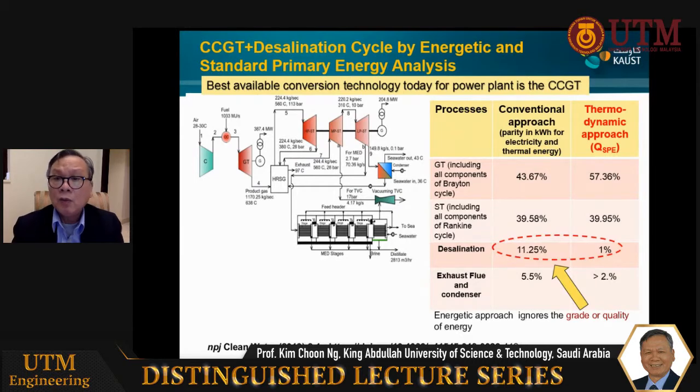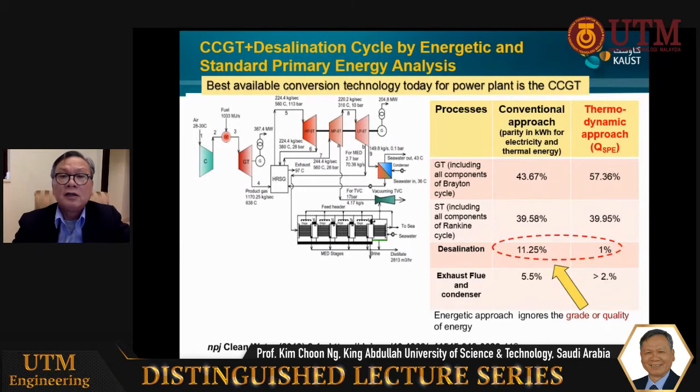But with the thermodynamic approach, where we use a common platform for the energy drawing at the adiabatic flame temperature, the exergy destruction is 57% for the gas turbine, 40% also for the steam turbine, but merely 1% for thermal desalination, because the heat that you draw for thermal desalination is of very low quality. And the energy that you throw out with respect to the QSP is only 2% at the flue gas and the condenser.